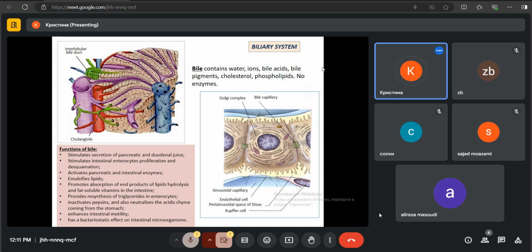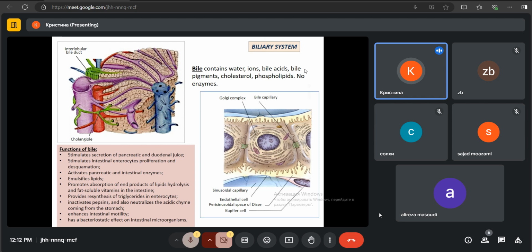Bile pigments are a result of the processing of dead erythrocytes. Erythrocytes are destroyed in the spleen, and some of them are destroyed in the liver, and the hemoglobin is destroyed by the macrophages, Kupffer cells of the liver, and is processed then by hepatocytes into the bile pigments.